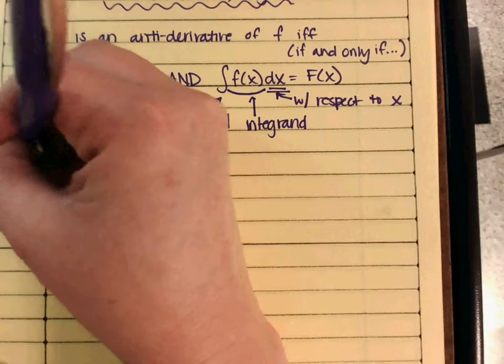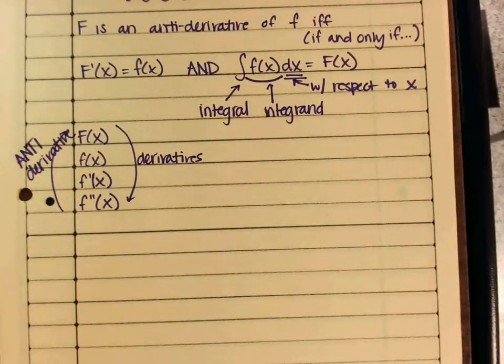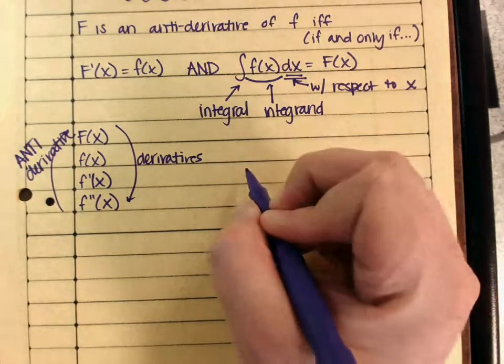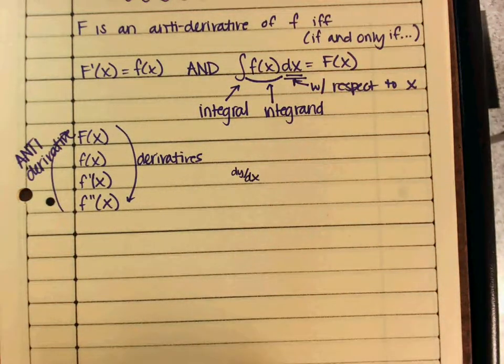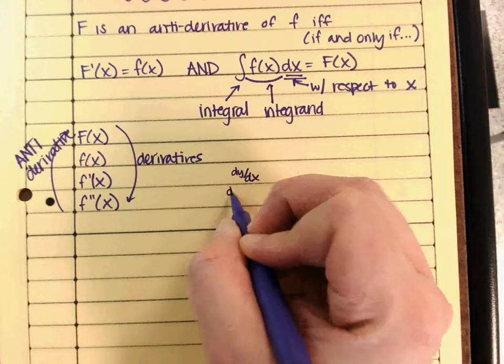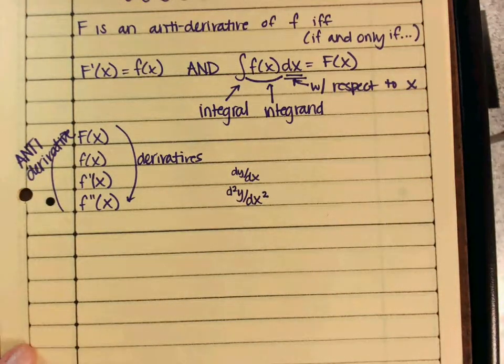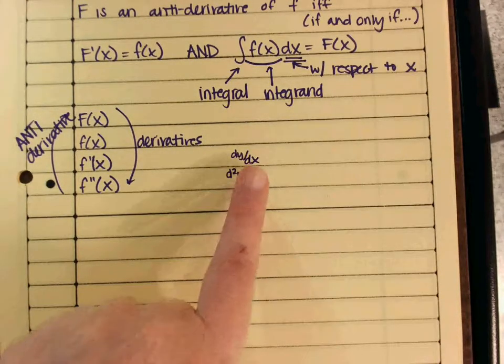Now, there are a couple of other notations that I just want to remind you of briefly. So let's say that I had dy dx. What is that the same as out of this list? It's f prime. So if dy dx is here, what would the derivative of that be? You remember? D squared y dx squared. So if I took the antiderivative of d squared y dx squared, what would I get?